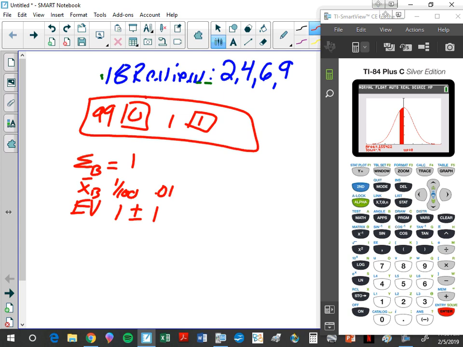How far away are these numbers from that number? 1, right? The number 1 is 0.99 away, and all of the zeros are 0.01 away. So how far away are the numbers in the box from the average? 1. Okay.